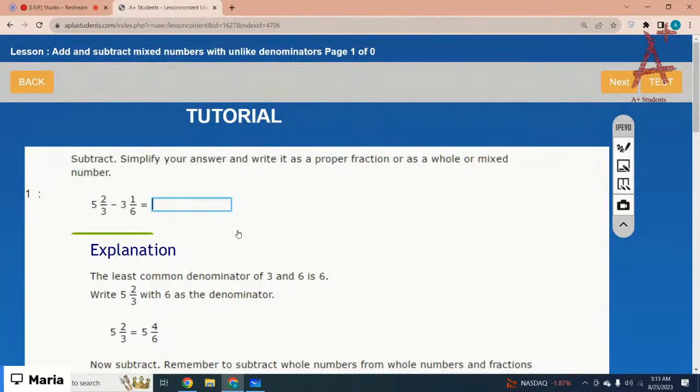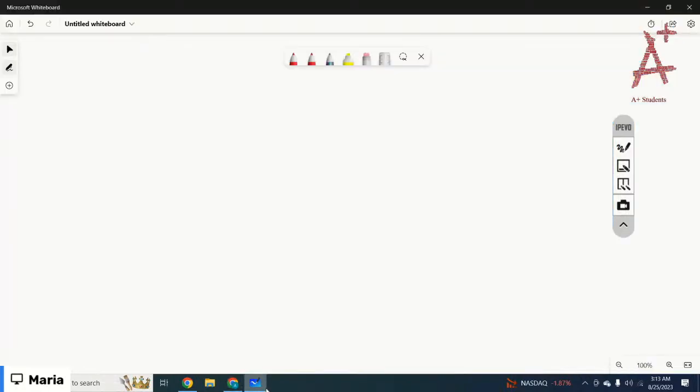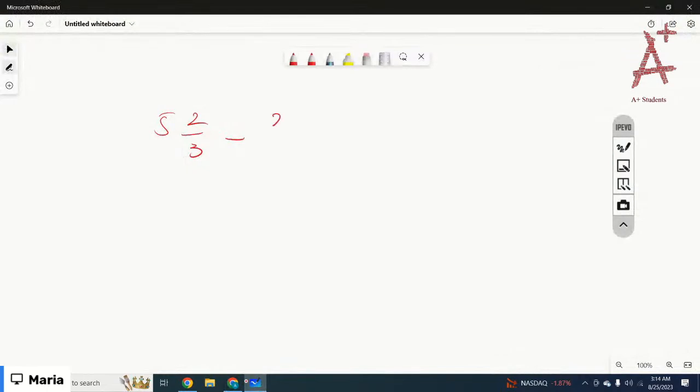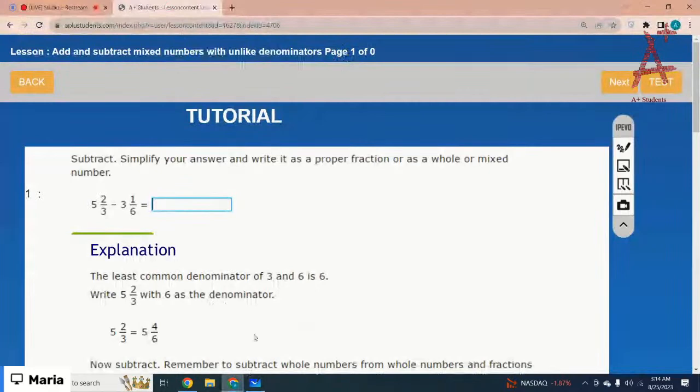Okay. The first one is subtract 5 whole 2 over 3 minus 3 whole 1 over 6. Okay, let's just see how we subtract them. Just look at their denominators.